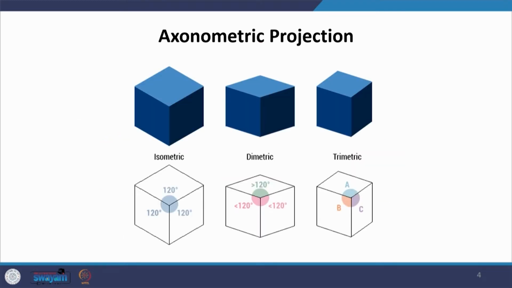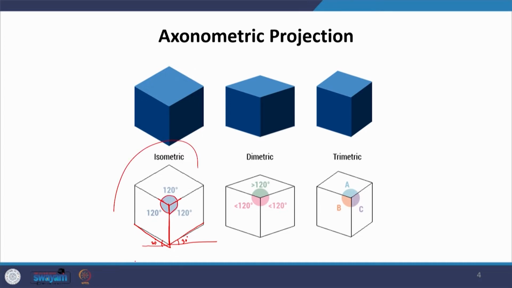Now, in isometric, if you remember distinctly what we do, we make two coordinate axes at 30 degrees from a line which is horizontal to the viewing plane, and the third one is perpendicular to it. So, we assumed two axes like this, and the third one going here, where the angle between the three remained equal at 120 degrees.